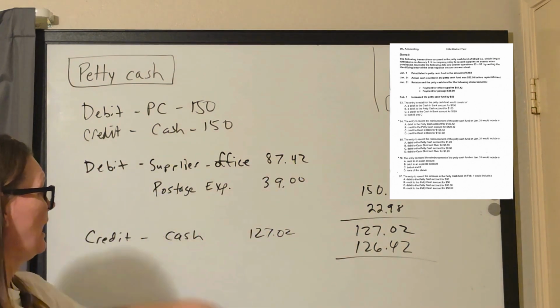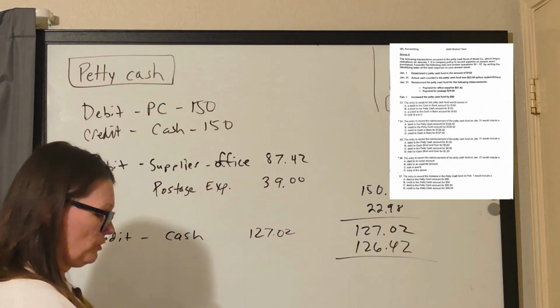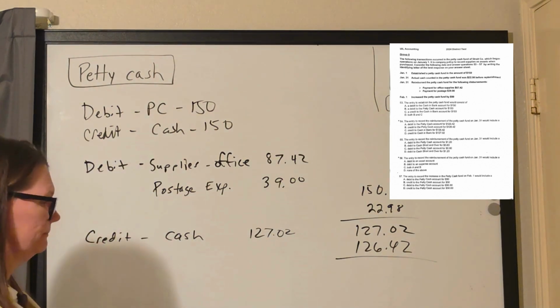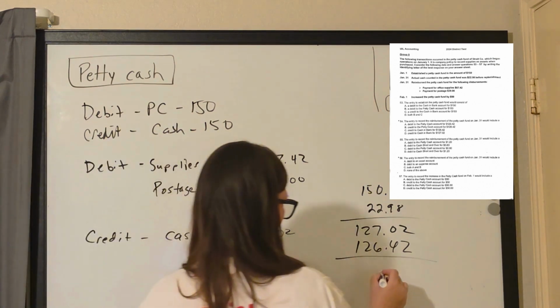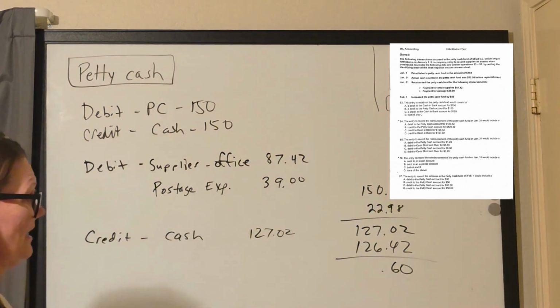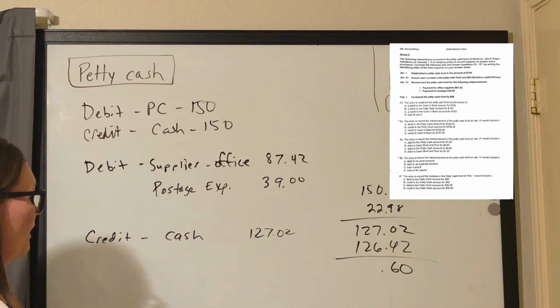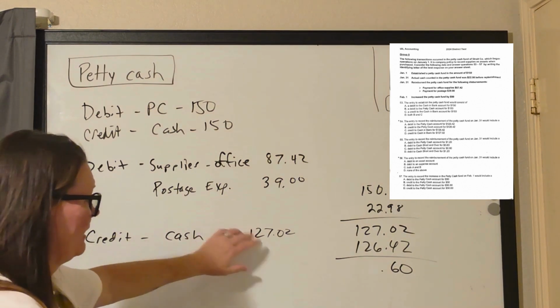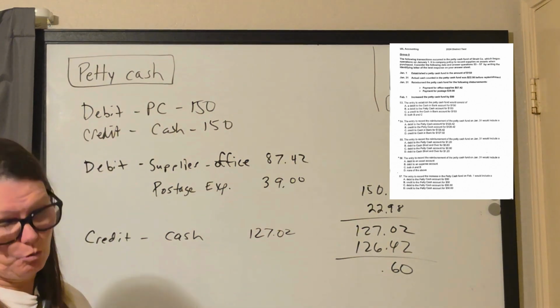So am I short or over? Well, let's do the math. Here's 60 cents. So we're off by 60 cents. And are we short or over? Okay. Well, if we have to put more in than we actually spent, then we were actually short.